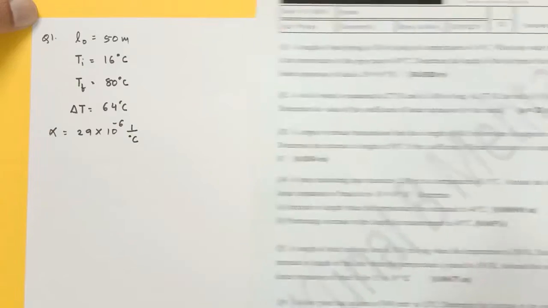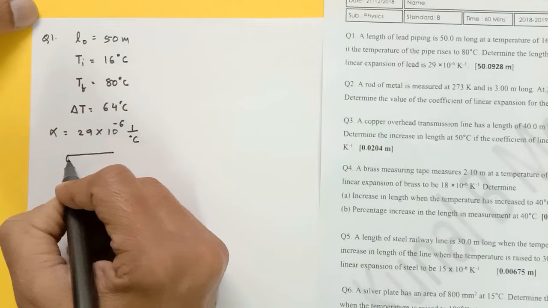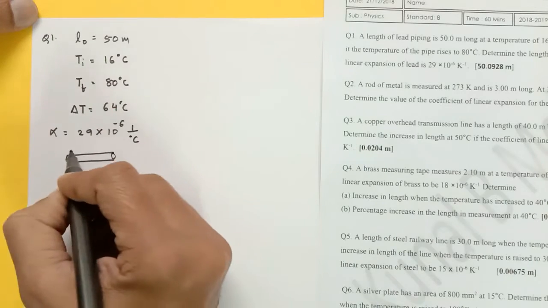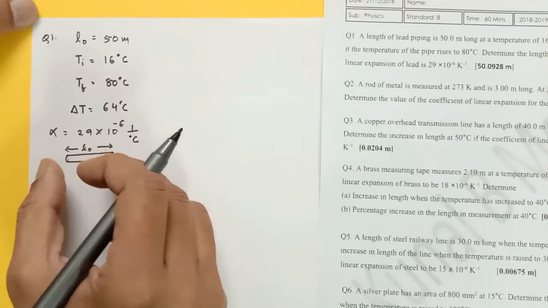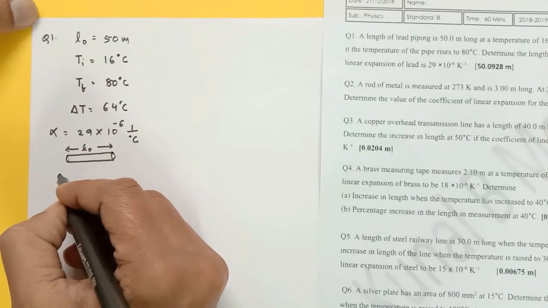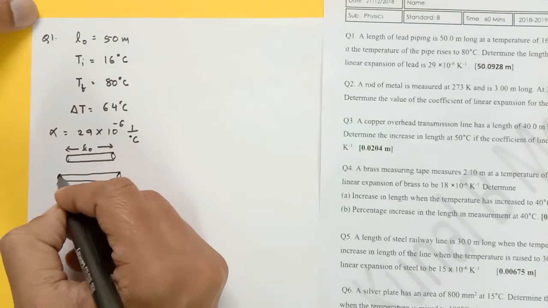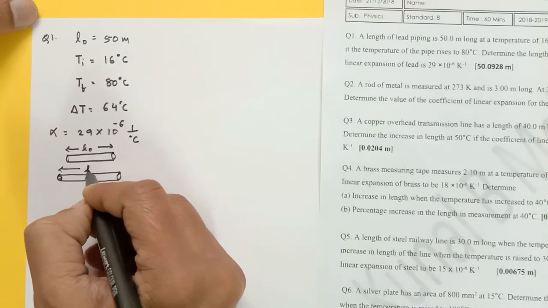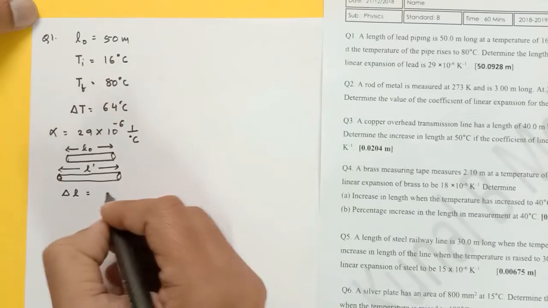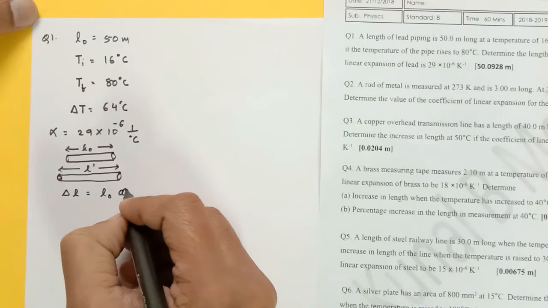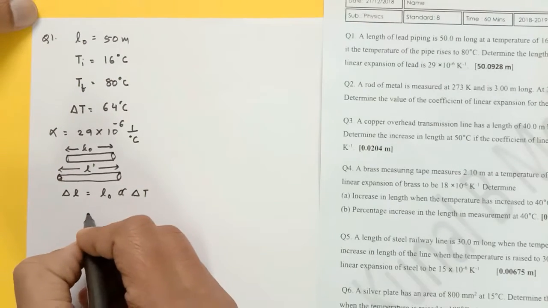So what has happened over here is, this was the situation. The pipe was 50 meters long, so this is L0. When we passed the hot liquid, the pipe length increased. So say this is the new length, L dash, and the change is delta L. And we know delta L is equal to L0 alpha delta T. So I am going to substitute all the values over here.